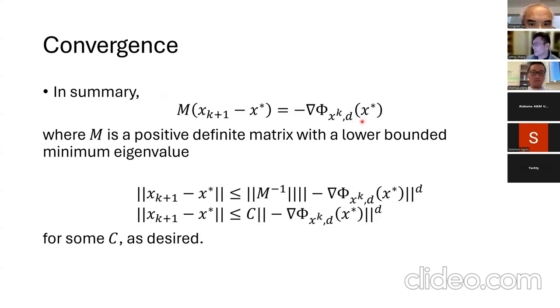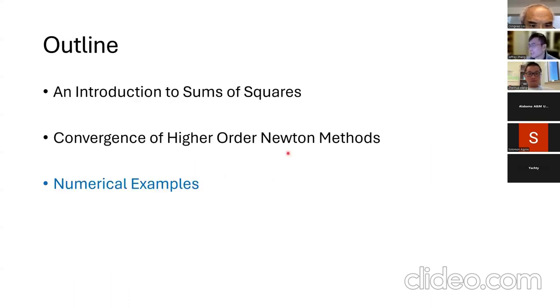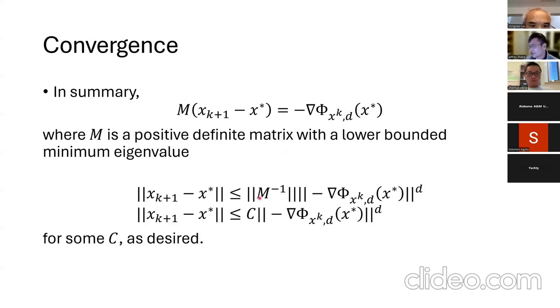We go ahead and move this to the right, multiply by M inverse, apply some Lipschitz continuity lemmas, and then the fact that M is positive definite, and then we get what we desired, which is that we have order d convergence. This is actually a typo. That needs to say xk minus x star.